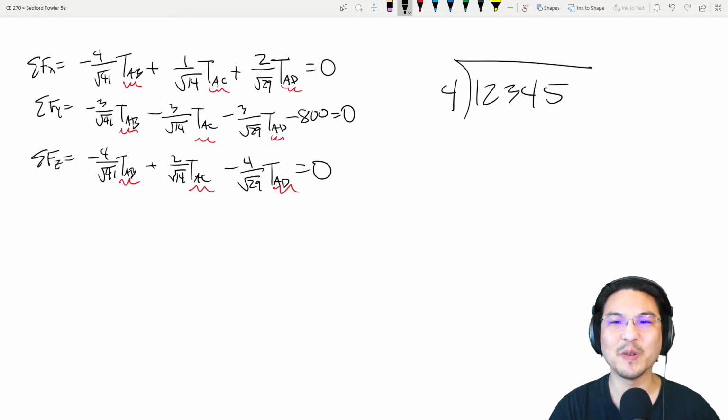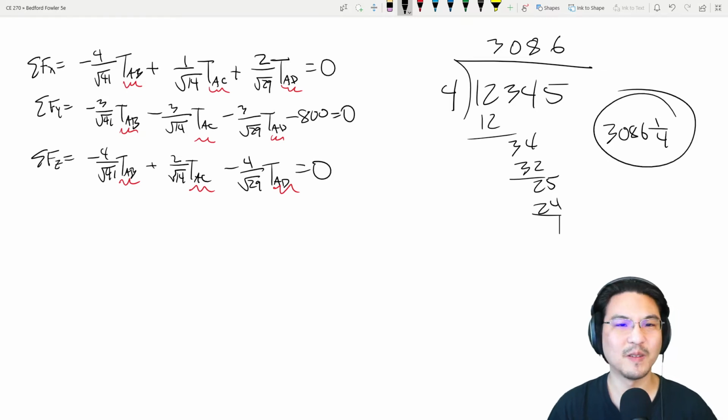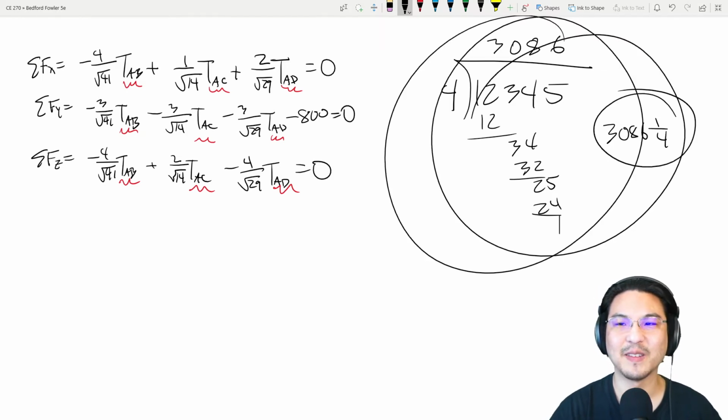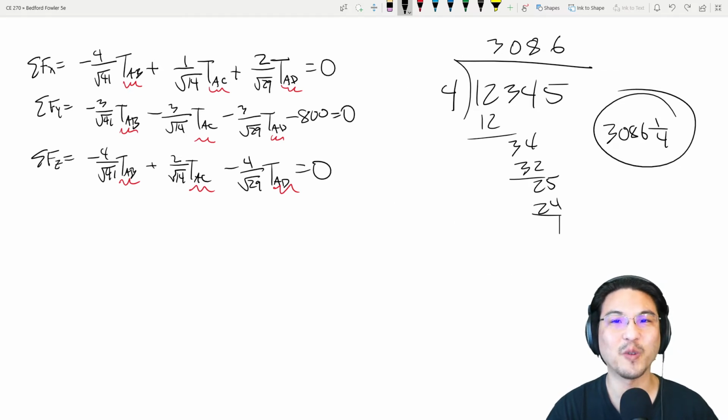You would have to practice division. So the answer would be 3086 and 1/4, right? So you would practice division in school. When you have proven that you know how to do division, then it's fair that you just use the calculator.